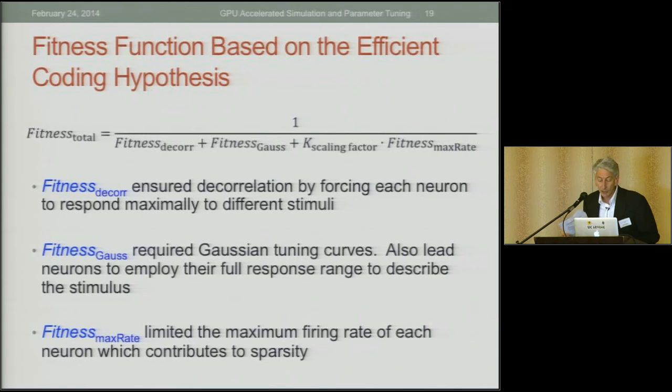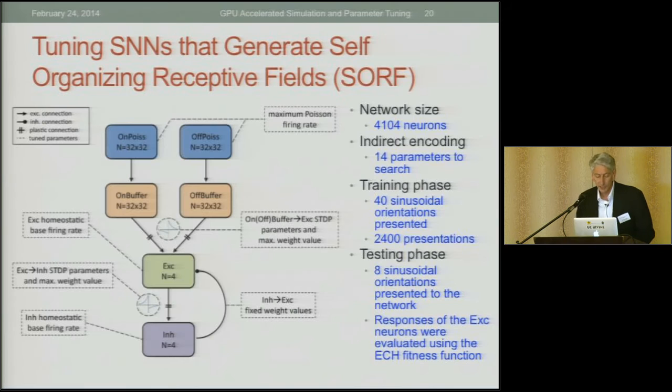I don't have time to go into all the details here, but here's the idea: we're going to take a bunch of sinusoidal gratings, and pass them through our system, and we want a set of neurons to respond to the different gratings in a way that spans the stimulus space, and also sparsely so the neurons aren't firing too much, and finally that each neuron is responding preferentially to one aspect of the scene or one type of grating.